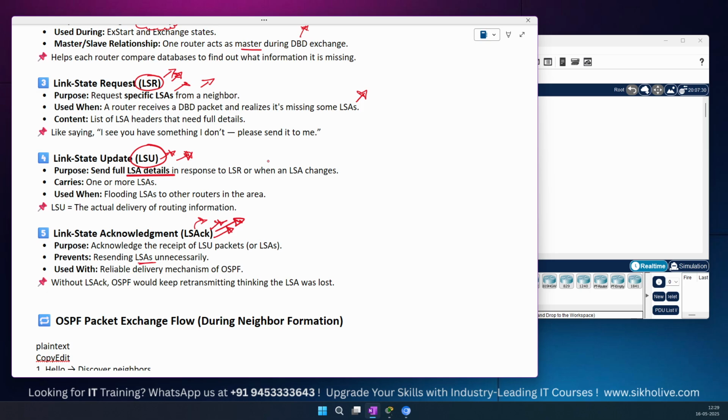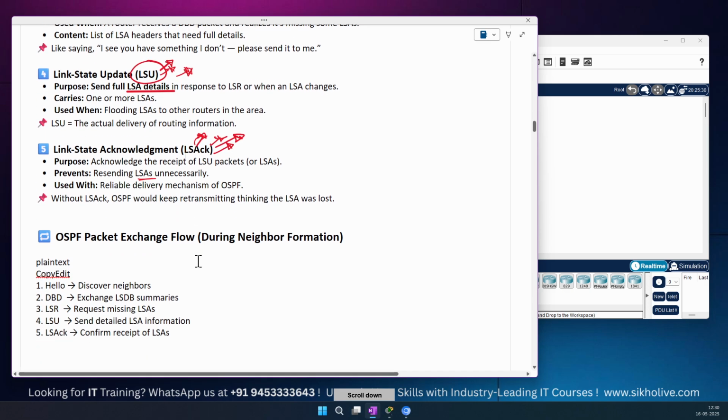In the same way, routers in OSPF work on the basis of the database description, the complete OSPF information, then LSR, the link state request, if there is any missing part in the DBD. If the router thinks some part is missing in the DBD, it generates an LSR, after the request there is an update message, and after the update there is acknowledgement. So acknowledgement is the successful message.